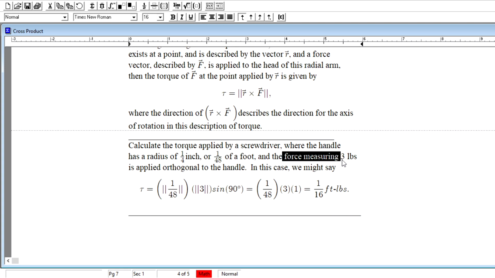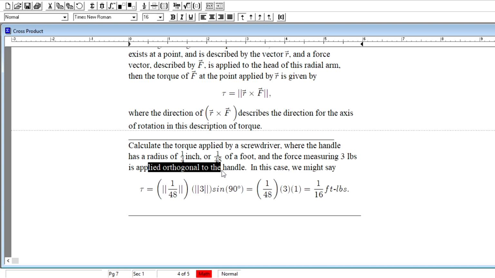And let's say that as your hand or your wrist twists that handle of the screwdriver, or twists that radial arm measuring 1/4 of an inch, by a force of 3 pounds, where it's being applied orthogonal to the handle, meaning at a right angle to the handle.